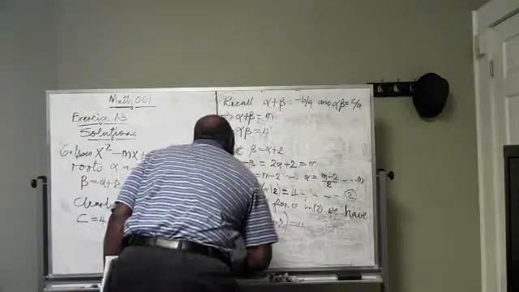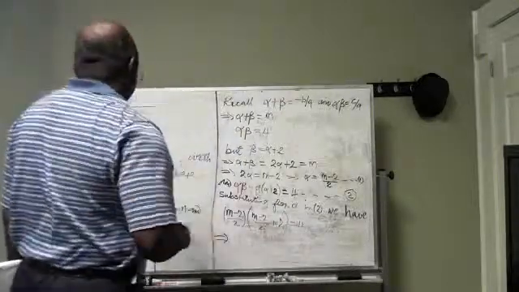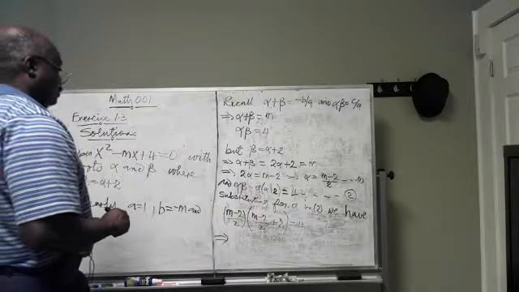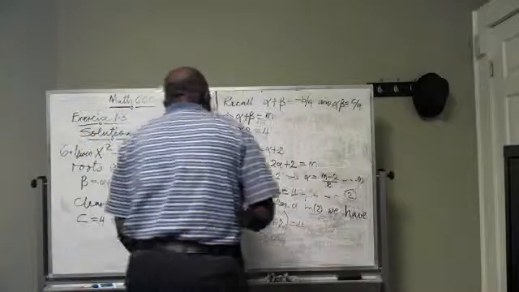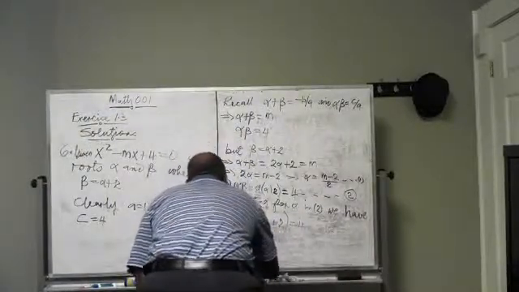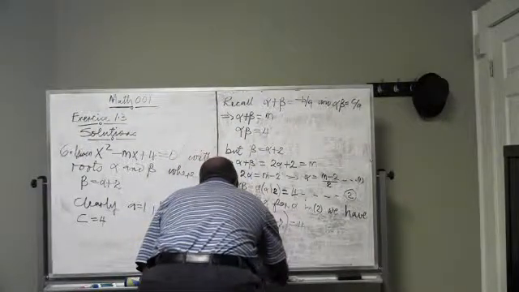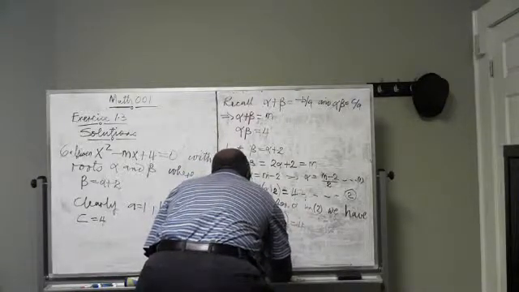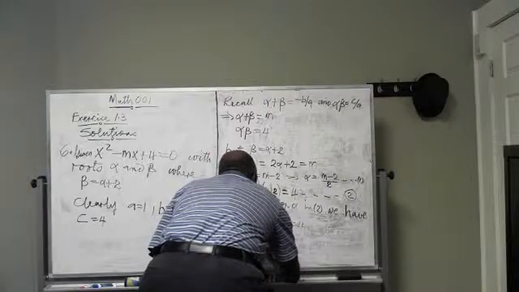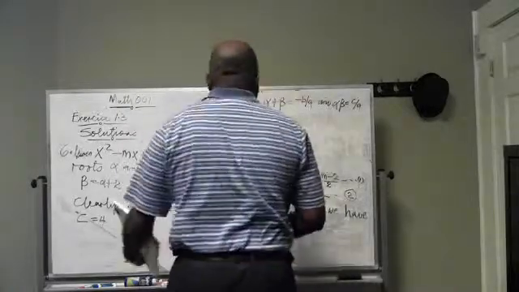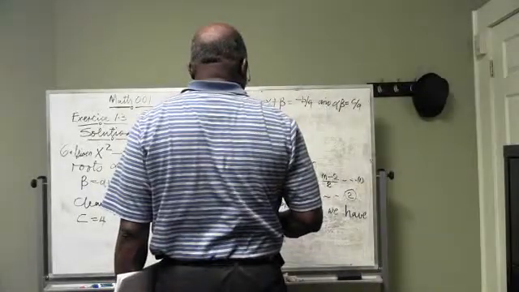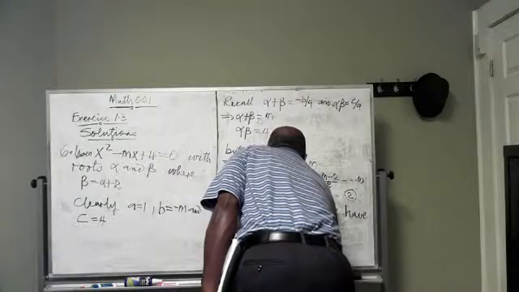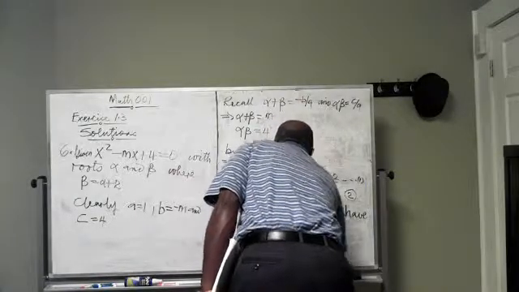This implies m minus 2 into m minus 2 plus 4 equals 16.